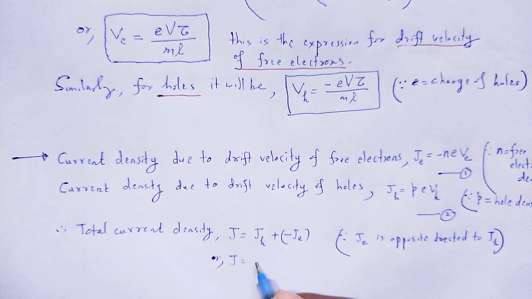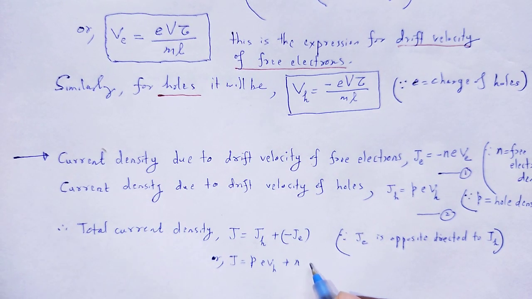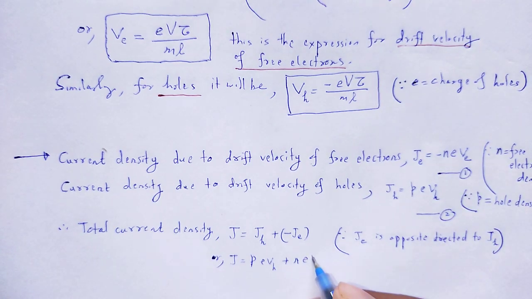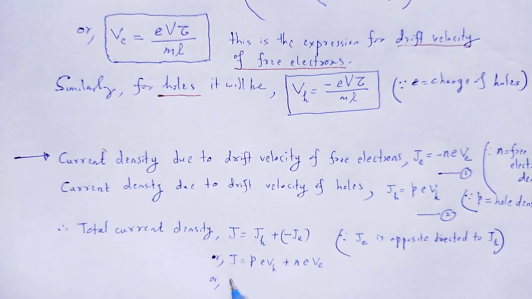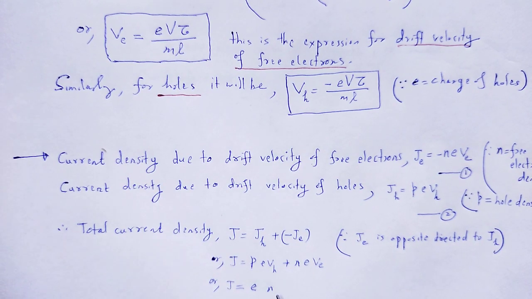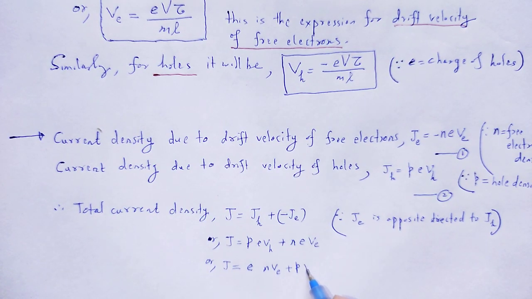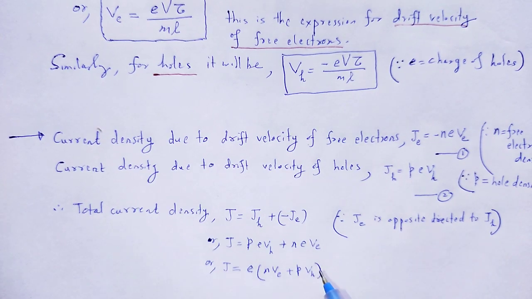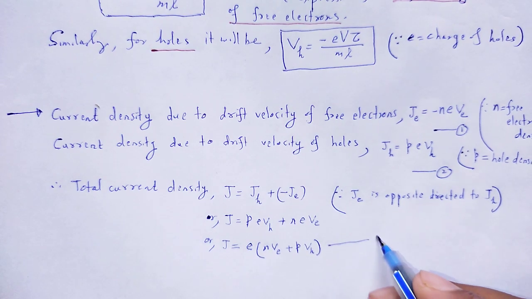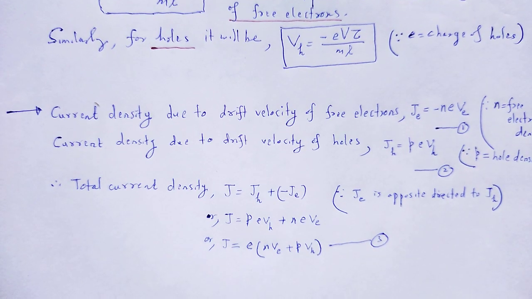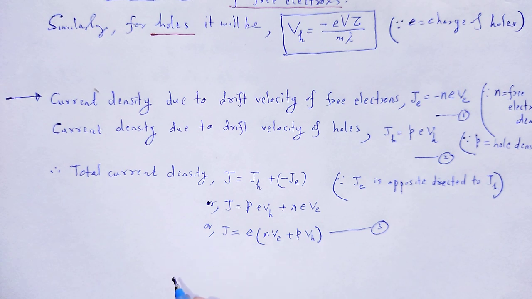J is equal to J_H plus, minus of (minus n e V_E), that is p e V_H plus n e V_E, or J is equal to, taking e as common, e(n V_E + p V_H). Equation number 3.